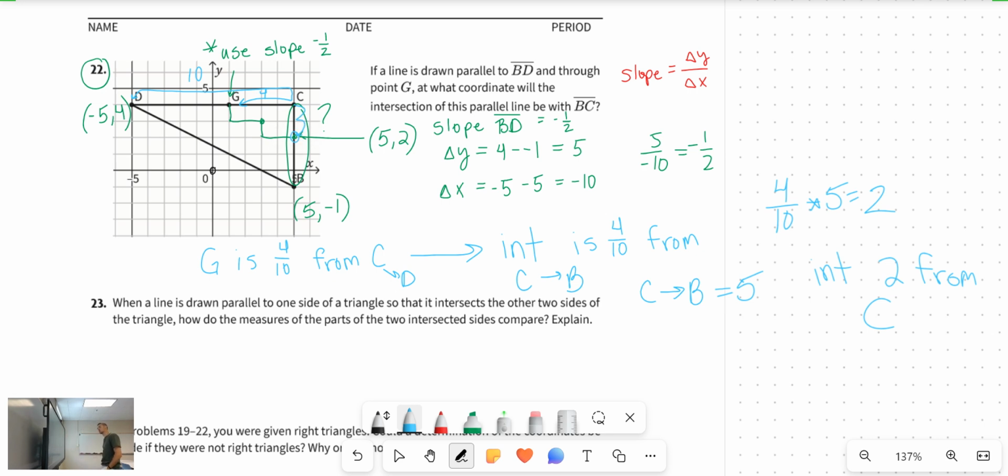So we get the same answer that way as well, right? And our intersection is still 5 comma 2. So we do get the same answer both ways, which is good.